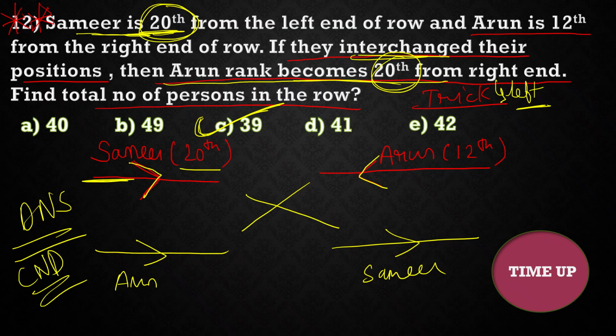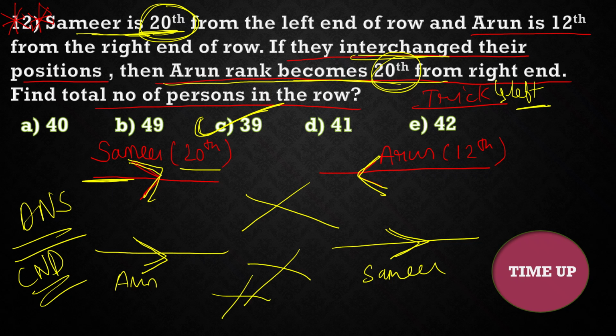Whatever I'm marking. Samir was from the left end, after interchanging position also he is from the left end only. Arun was from the right end, but after interchanging position he is coming from the left end. Then you can't solve the problem of interchange here.